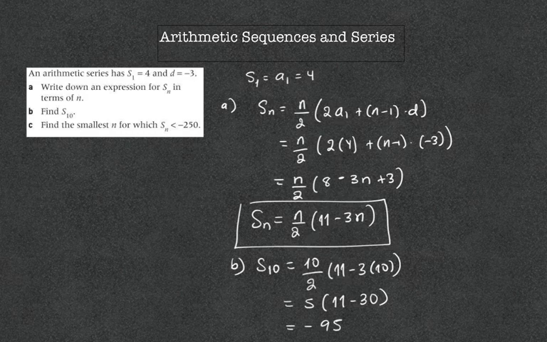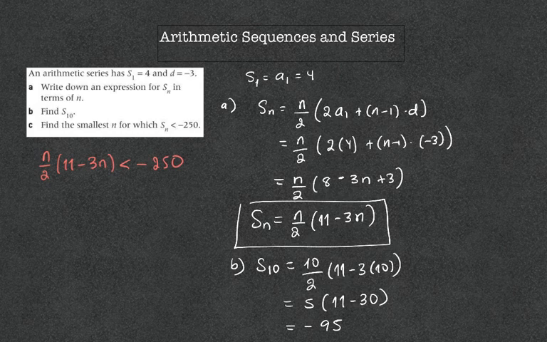Now for C, they say find the smallest value of n for which the sum is going to be less than minus 250. So we need to solve the inequality n over 2 times 11 minus 3n is less than minus 250.